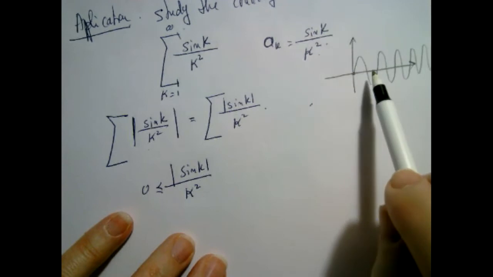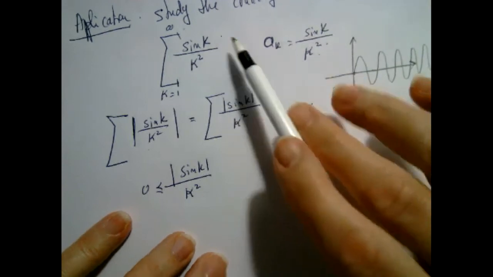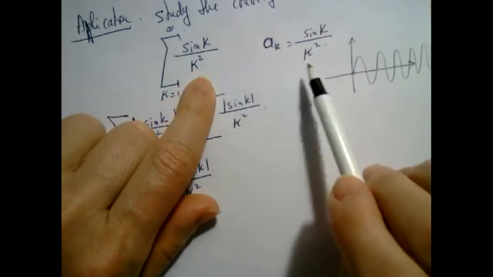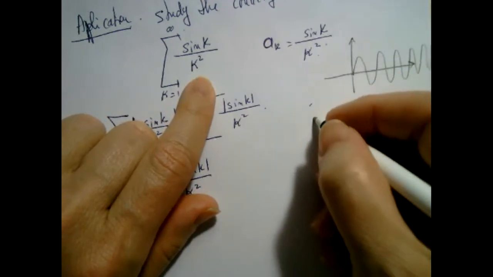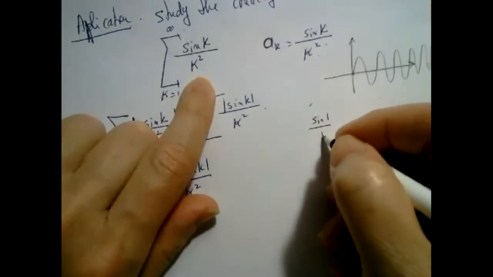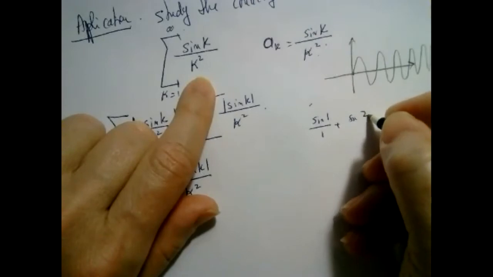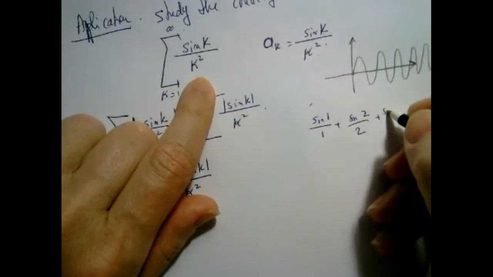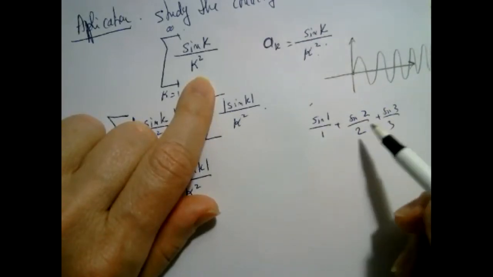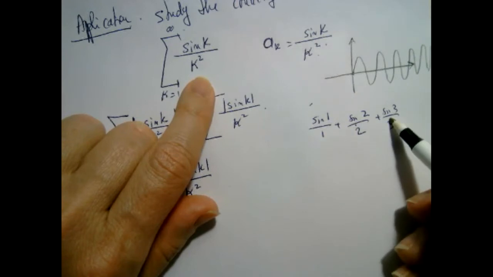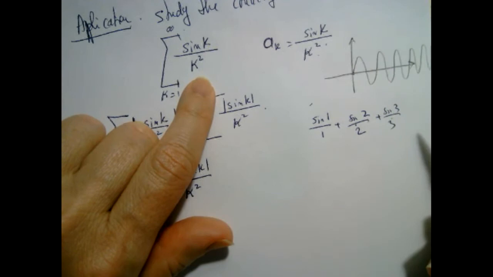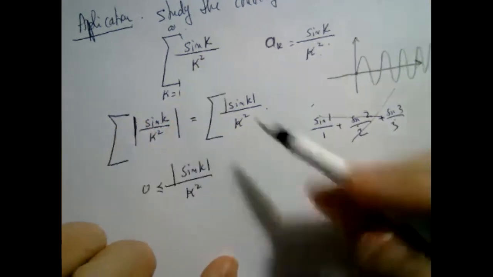To be alternating, I need positive, negative, positive, negative. But if I write the terms sine 1 over 1, sine 2 over 2, sine 3 over 3, why would sine 2 be positive and sine 3 negative? There is no reason. So it's not alternating.